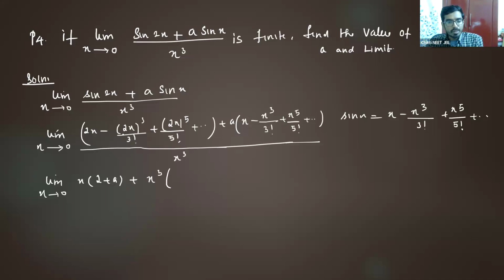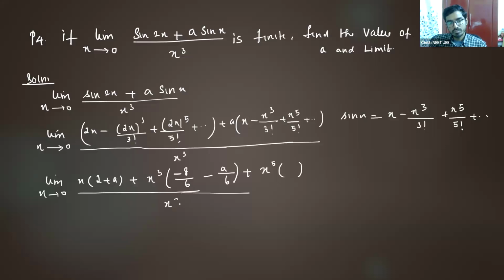Here the x cube term is minus 8 by 6, right? 2 cube is 8 and 3 factorial is 6, so minus 8 by 6. Then the x cube term from the second part is minus a by 6. Here we have x power 5 terms that we don't need, whole divided by x cube.